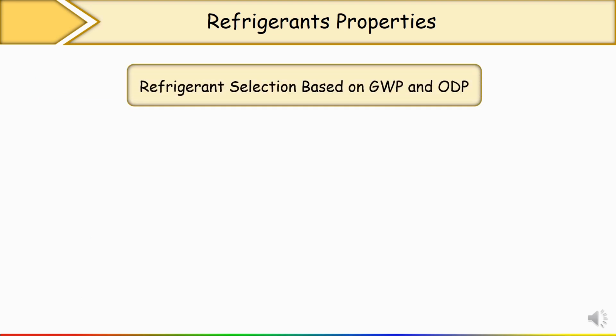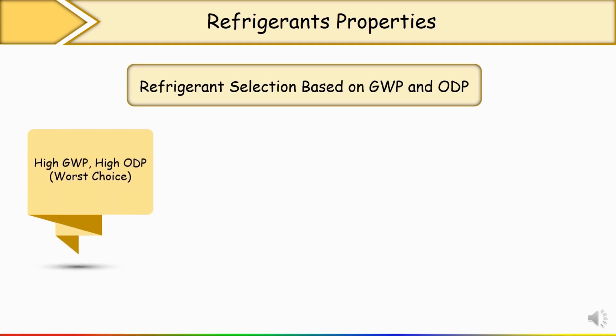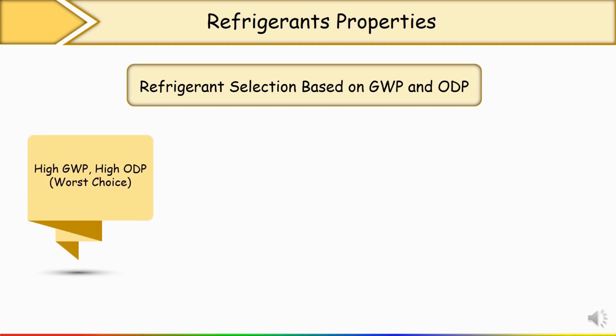Now let's see refrigerant selection based on GWP, global warming potential, and ODP, ozone depletion potential. The first point is, high GWP and high ODP means it is the worst choice.